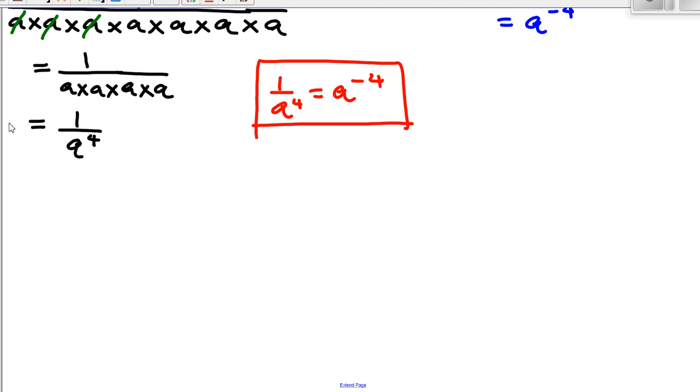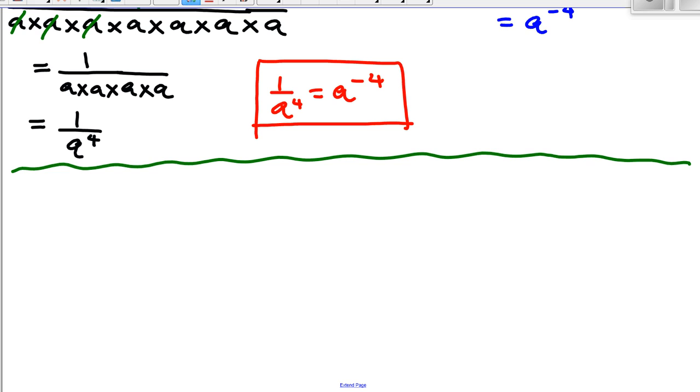So I'll draw that. If I have 2 to the power negative 4, for example, that would be 1 over 2 to the power 4.